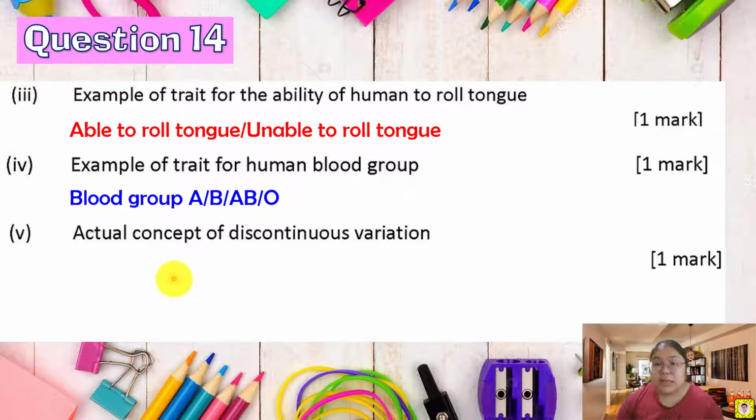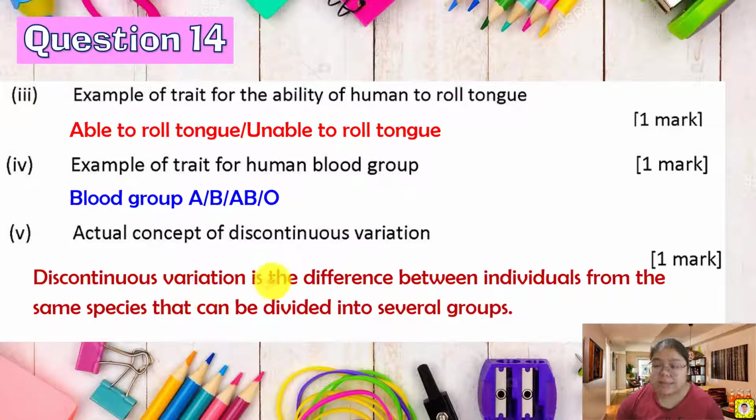So you just start with "discontinuous variation is". Then we copy the two common characteristics from just now. I just mentioned that the two common characteristics are very important, so you must get them correct. Okay, let's see the answer.